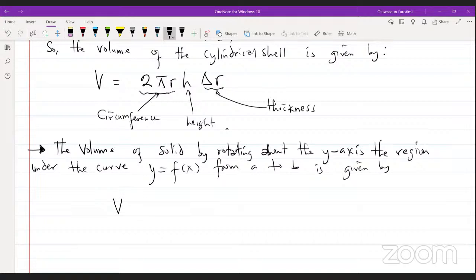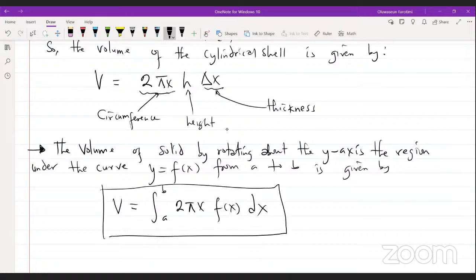Over here we just want to write it in terms of a definite integral. So this is 2 pi. Since I started sticking with x, let me just stick with x here so that I can write 2 pi x f of x dx.